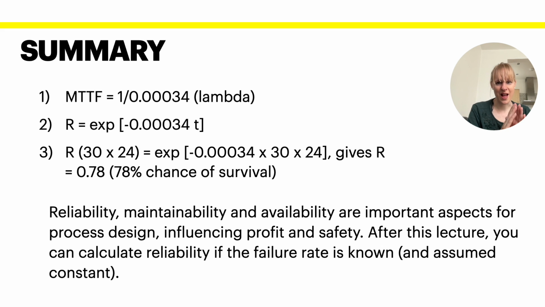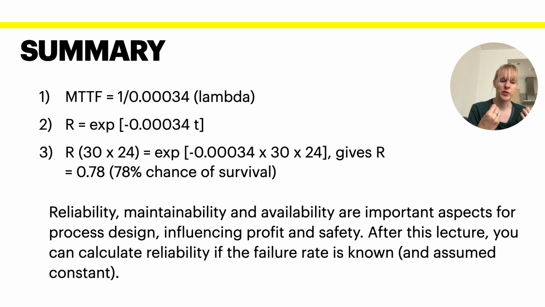So in summary, have a look back at the questions that I just showed to you. So you should be able to work out the mean time to failure, providing the failure rate is constant. So here you can see the answer that you should be getting. You can derive equations for the reliability function. Again here, under the assumption that the failure rate is constant.